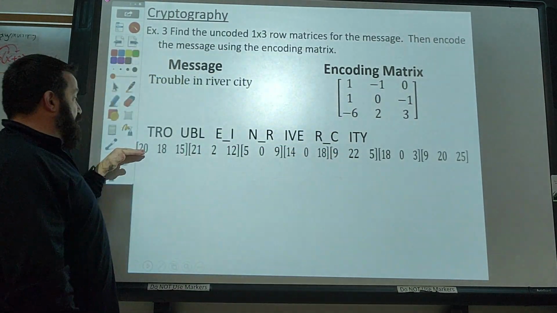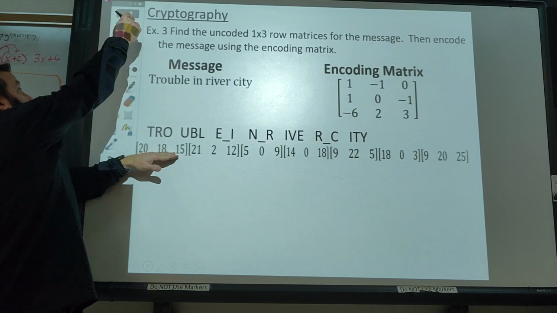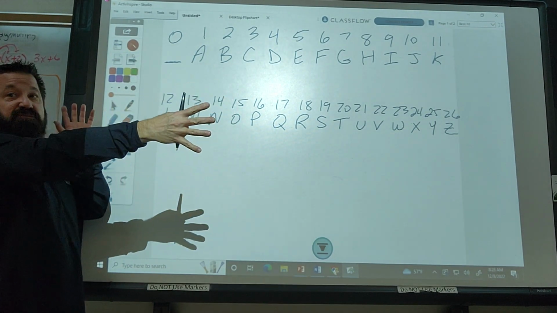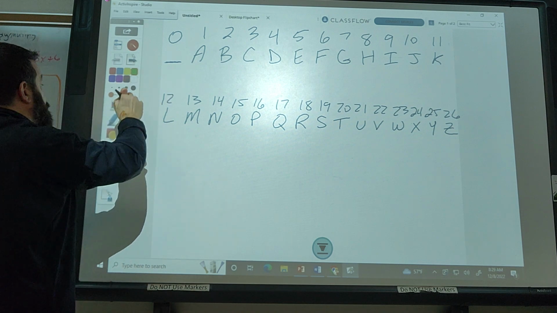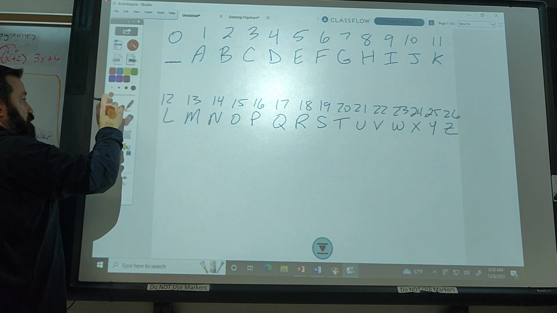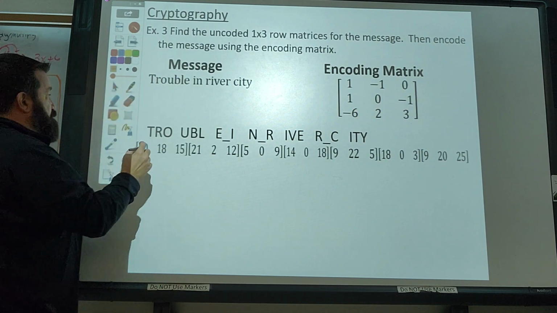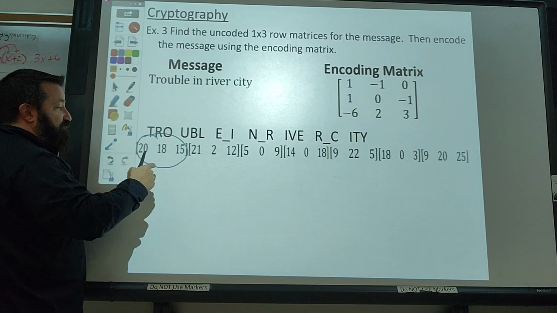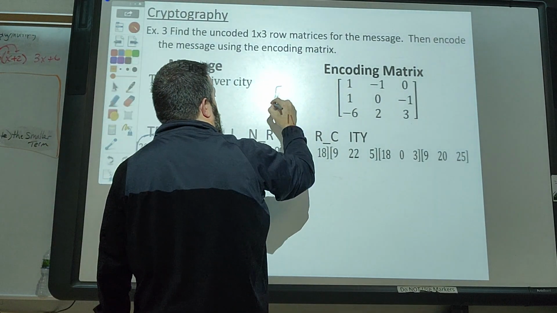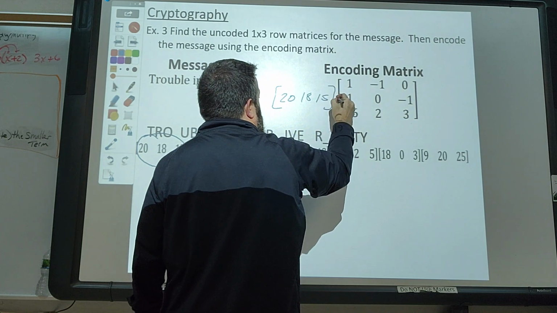So where did these numbers come from? Where did 20, 18, 15 come from? I showed you that. Everything is translated from this list, a very simple coding from letters into numbers. So then what you do is you take each one of these. I'm just going to take one of these, like the 20, 18, 15, and I would multiply it by this matrix.